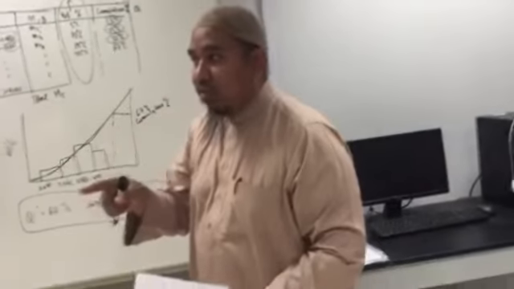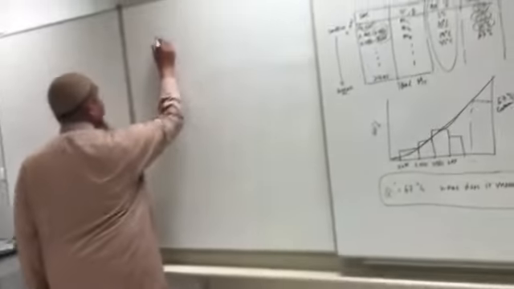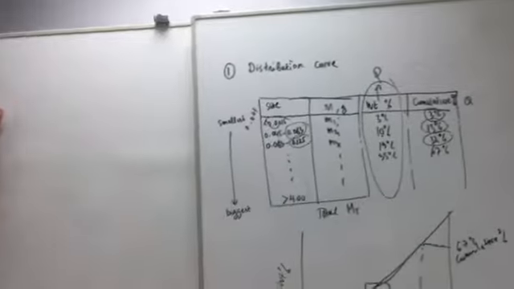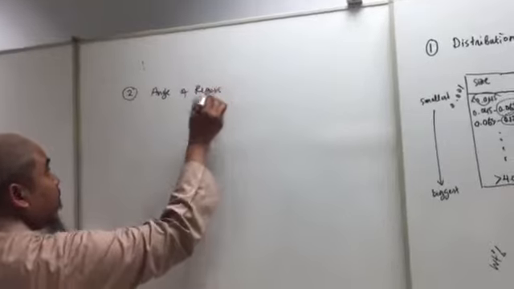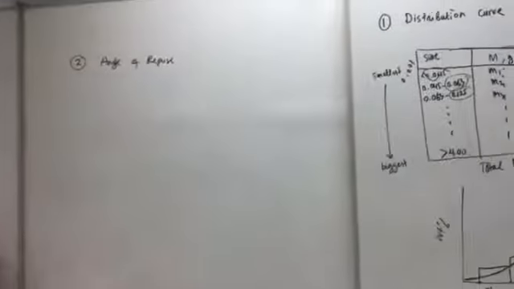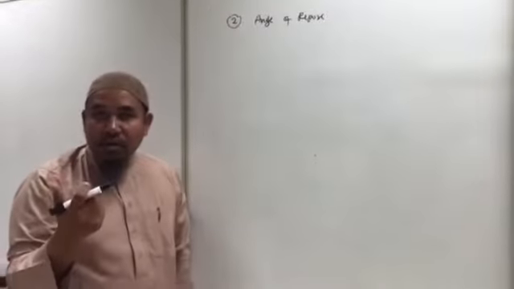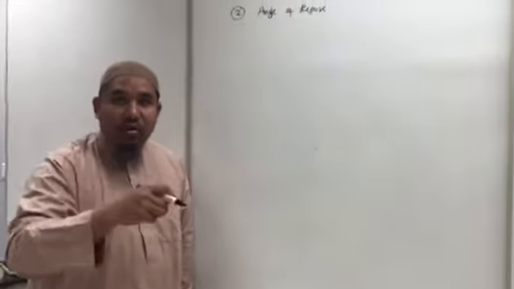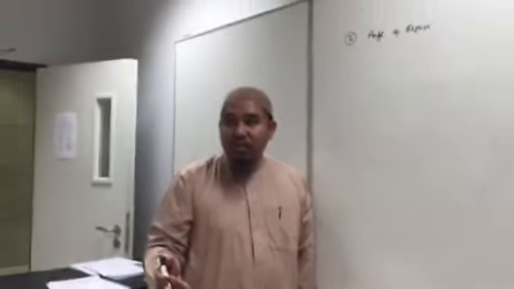This is one. The second, the angle of repose. So you have two variations. One is the size. Second is dry and wet. So you compare when the size changes, when the size increases, what happens with the angle of repose.